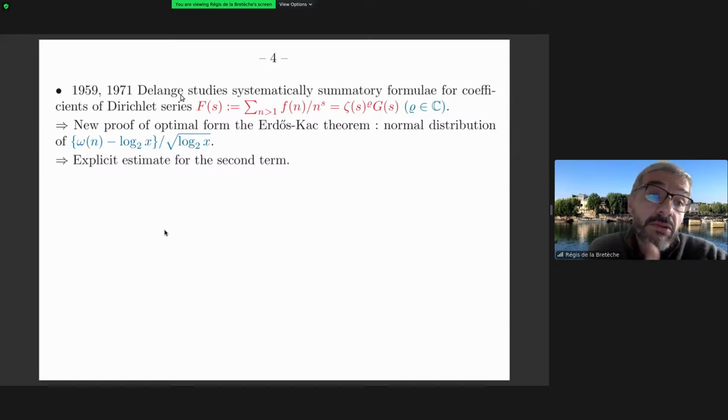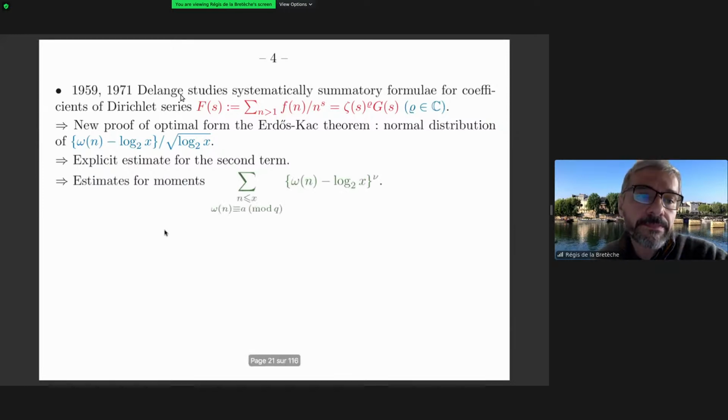So using the Selberg and Delange method, we can estimate the second term in the Erdős-Kac theorem.